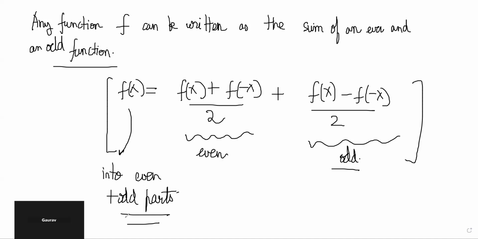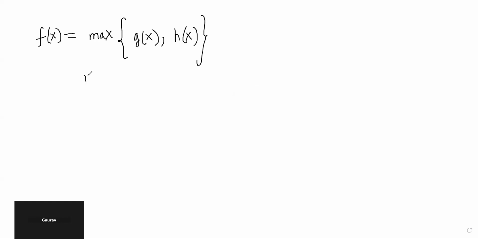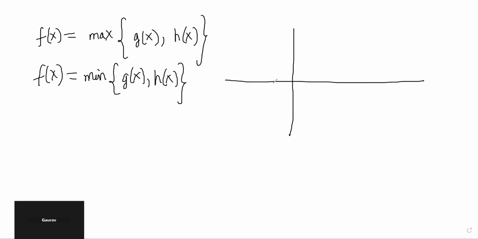Then there is another thing that sometimes you might see: f of x is equal to max of g of x and h of x. You could also see a function written as min of g of x and h of x. So what that means is you draw the graph of f of x.